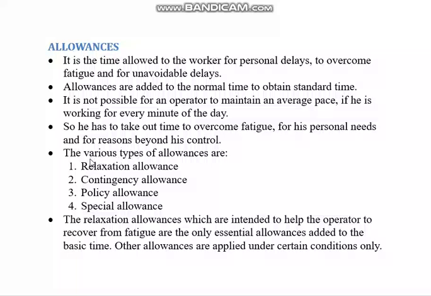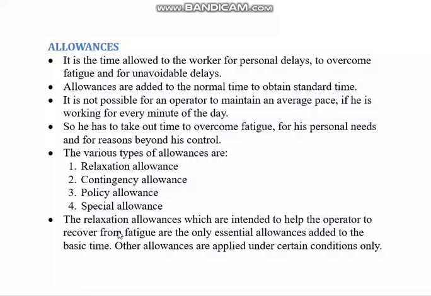Now let us see the various types of allowances permitted to him. Here there is a list of 4 different allowances. The first is the relaxation allowance, the second is contingency allowance, the third is policy allowance, and the fourth is special allowance.